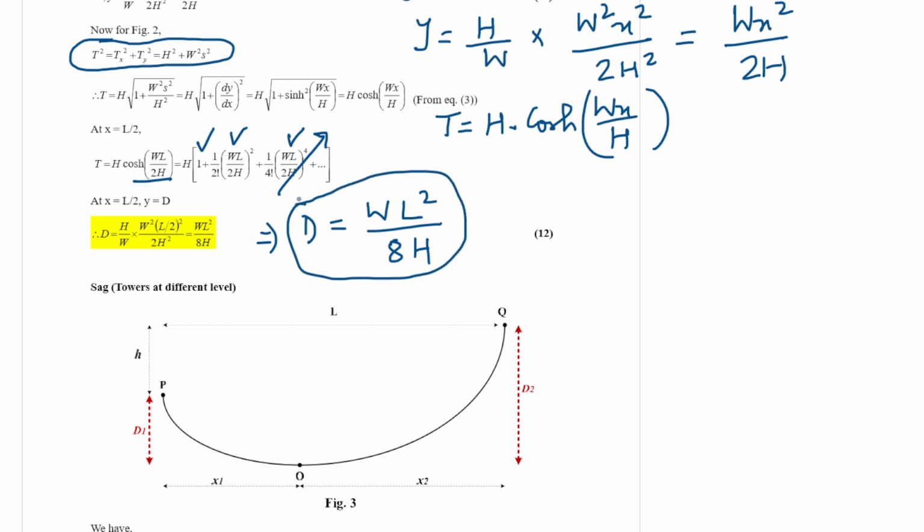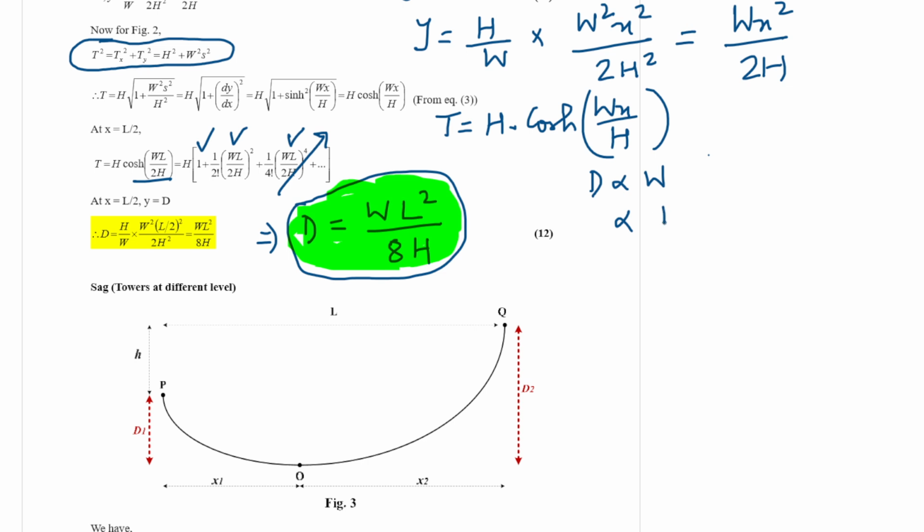This result is very important. The derivation might not be useful for you, but this relation is very important, that is the maximum sag w L square by 8h. Intuitively, what we have observed previously is that sag is dependent on 3 parameters. First of all, it is directly related with the weight.